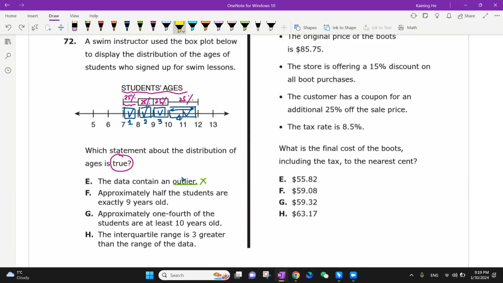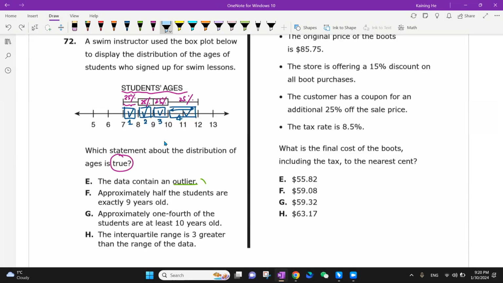But that is not the case because we said exactly 9 years old. That means specifically in here, we don't know, because we only have 25% on the left side of 9 years old and also the right side of 9 years old. That means 50% of the people is spanning from 8 all the way to 10 years old. So this is how we read 50% of people. That's not exactly 9 years old. That's not super accurate.